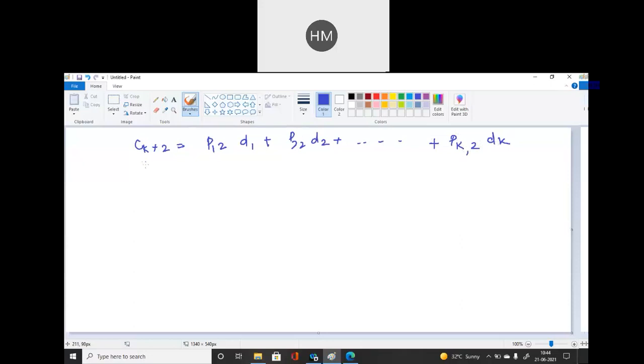Then the last C N bit of the code word is P1 n minus k D1 plus P2 n minus k D2 plus, till the last bit P K n minus k D K. When we will simplify this as a numerical, all the concepts will be clear to you.